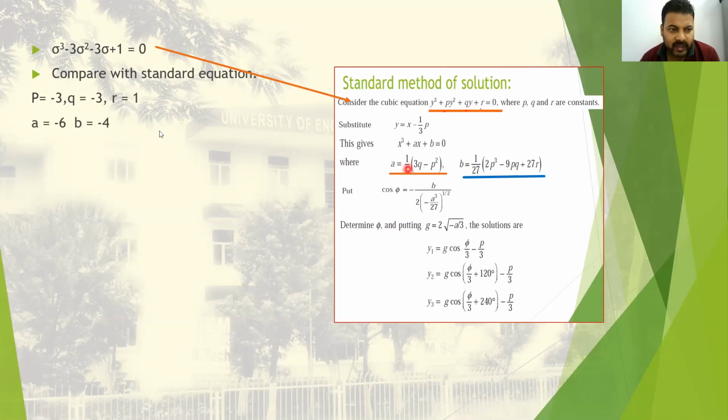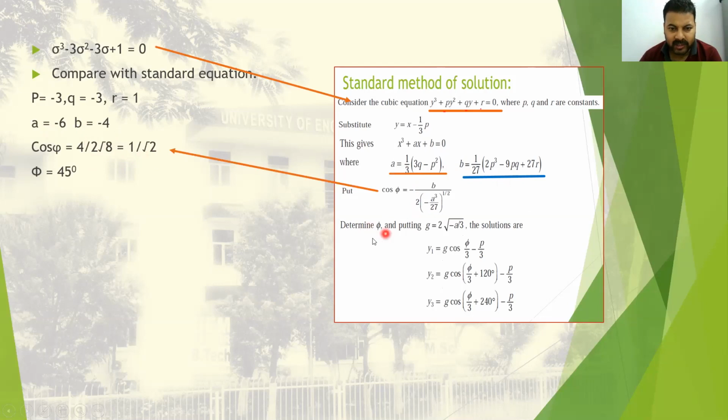Once the values of A and B have been calculated, next task is to calculate the value of cos phi. For cos phi, B and A are needed, that the values we have already calculated so far. So we can get cos phi as 4 by 2 root 8, or it is equal to 1 by root 2, means phi is equal to 45 degree in the first quadrant.